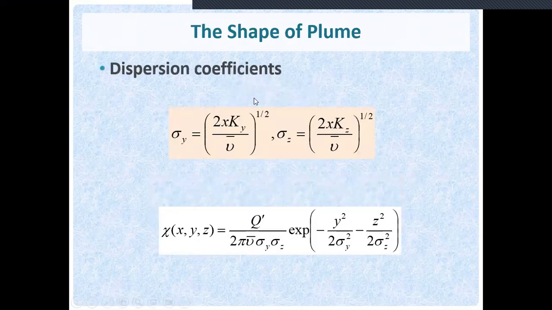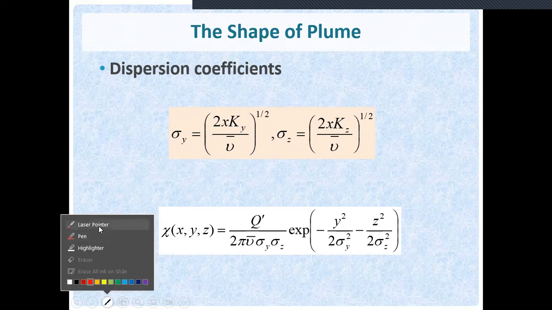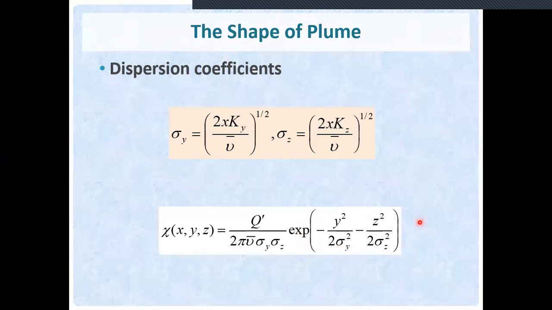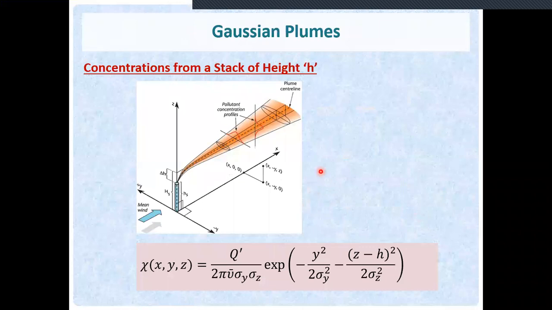In our problem, it was the diffusion in 2 dimensions, and with the velocity components, it can be simplified to dispersion coefficients in y and z direction. So we have to visualize a bivariate normal distribution. At first, let's see the 1-dimensional normal distribution.